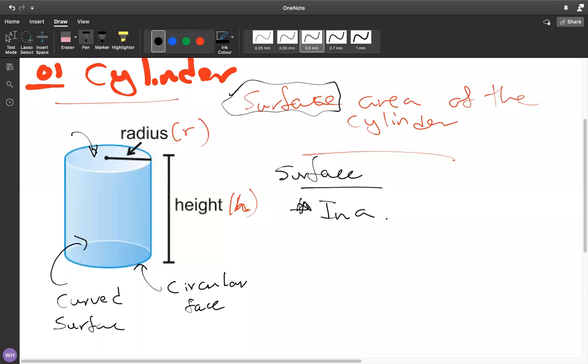In a cylinder, there are two main types of surfaces.